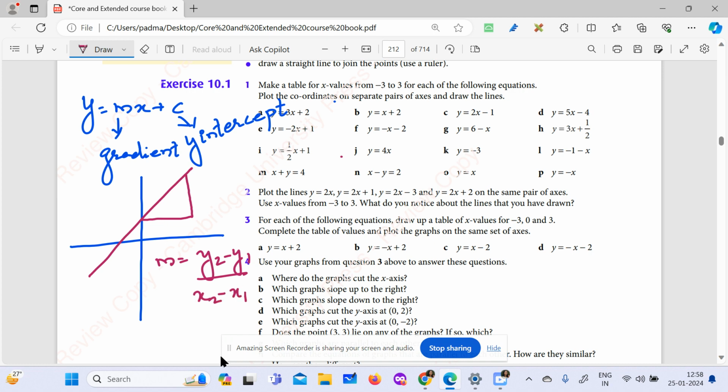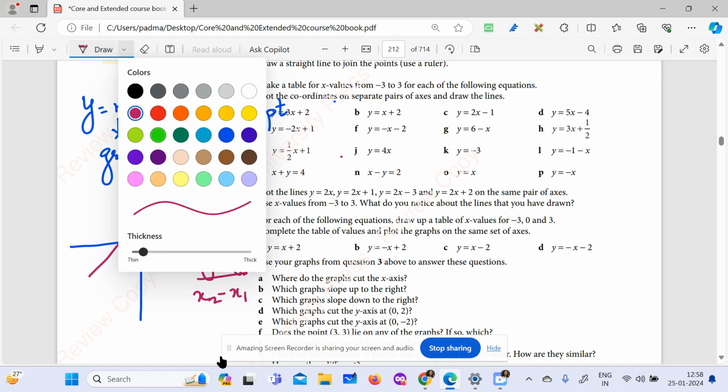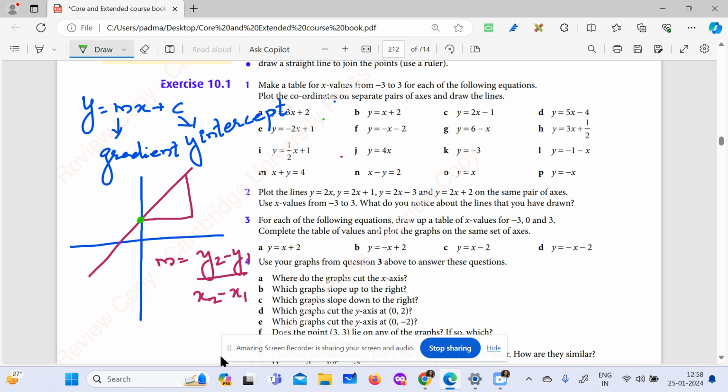And now the question is, what is c in this graph? This point where the graph intersects the y-axis is called the y-intercept, and it is represented by c. Okay, I hope this is clear to you.